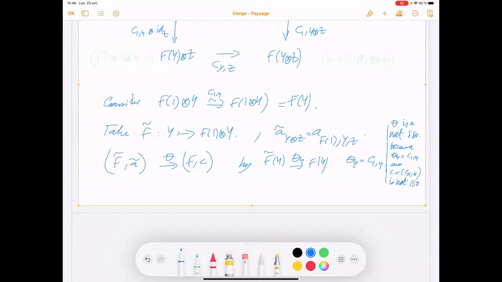So you deduce the fact that theta is a natural isomorphism from the fact that C is a natural isomorphism, and theta just comes from C like that.